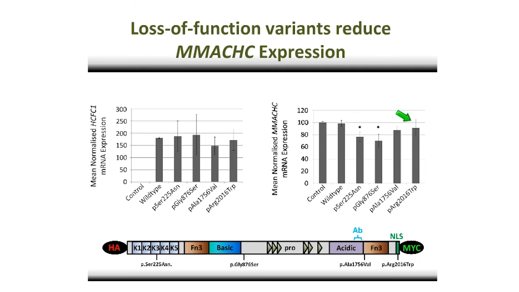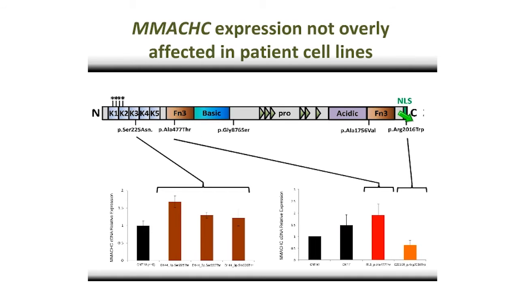This other variant, which is the other one that had loss of function, is the nuclear localization variant. So being excluded from the nucleus perhaps means that it doesn't act in a dominant negative manner in this particular assay. So there was a mild effect in this highly controlled system on MACHC.